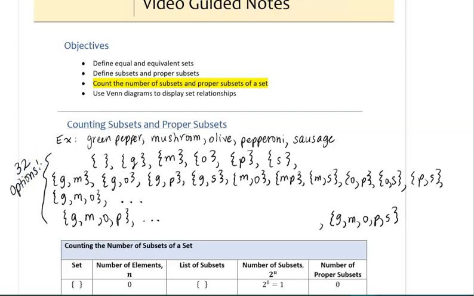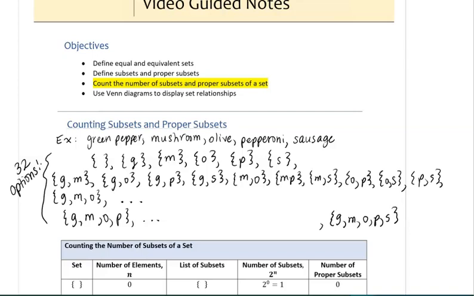Now, in a problem like this, it would be easier to have some sort of a formula to help us count the number of possibilities as opposed to listing them all out and then counting them that way. And it turns out that such a formula does exist. And this, again, is basically finding the number of subsets of a given set.